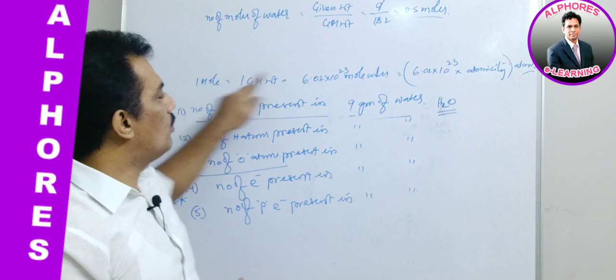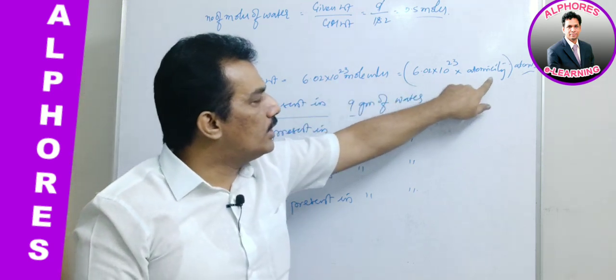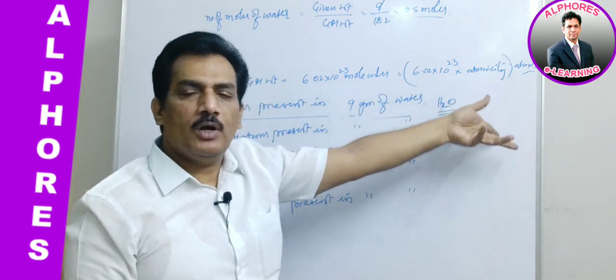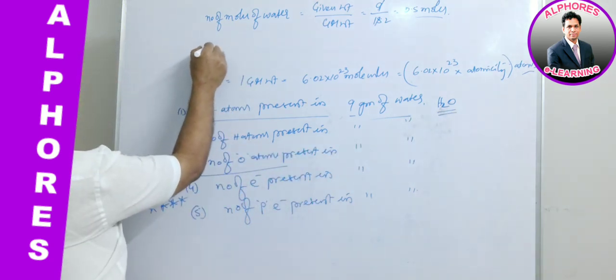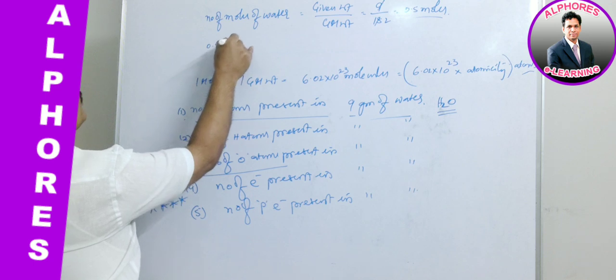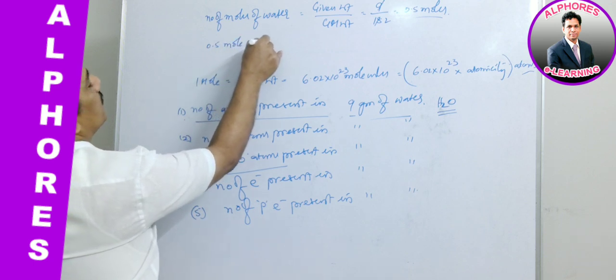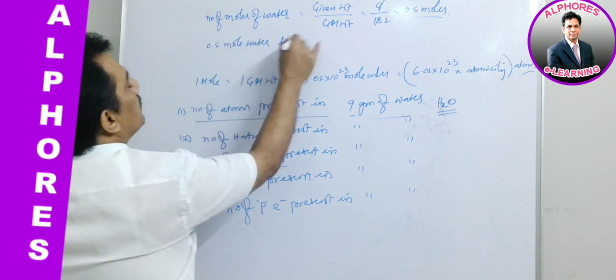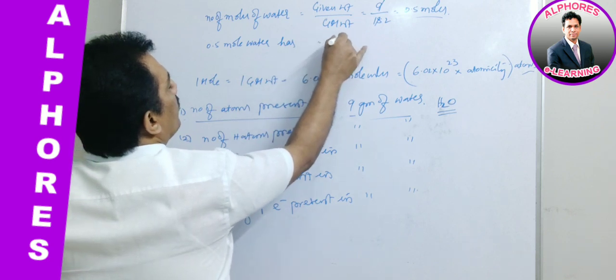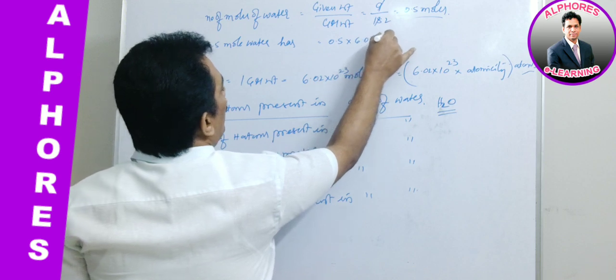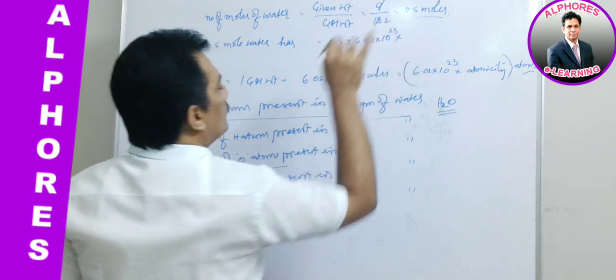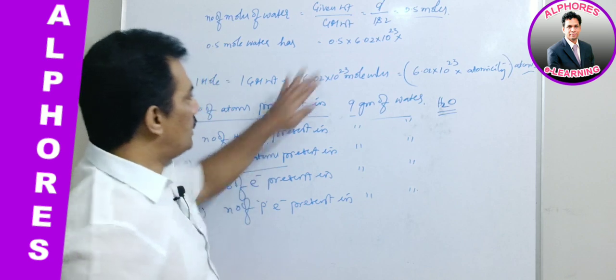Already we know 1 mole is equal to Avogadro number into atomicity. So 0.5 moles of water has 0.5 into 6.02 into 10 to the power of 23, which is the number of molecules.